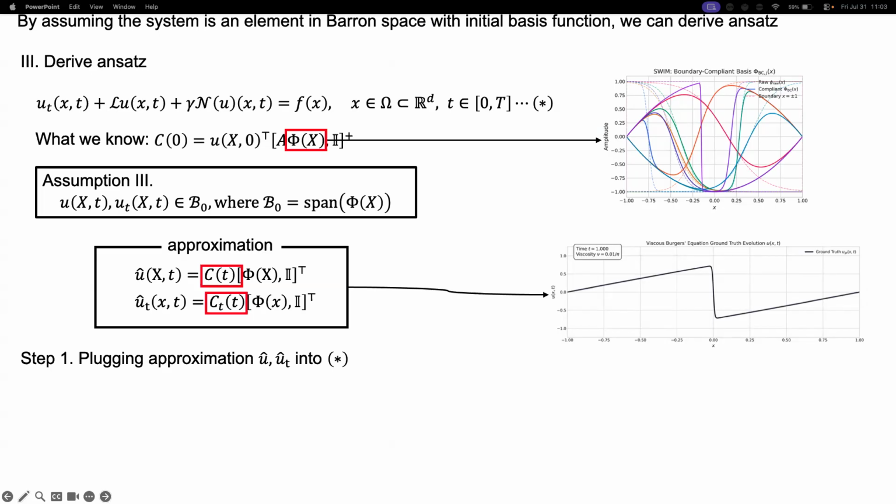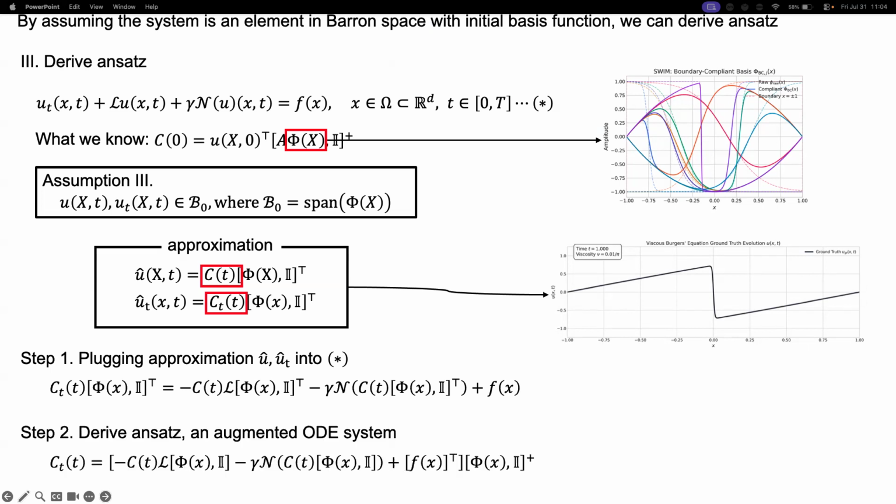So next step is to plug in the approximation u hat and u hat t into our original PDE on the top, and it will look like this. And after this, we can just use the pseudo inverse again to solve the answers, which will look like this. On the first equation, we just multiply the pseudo inverse to both sides.